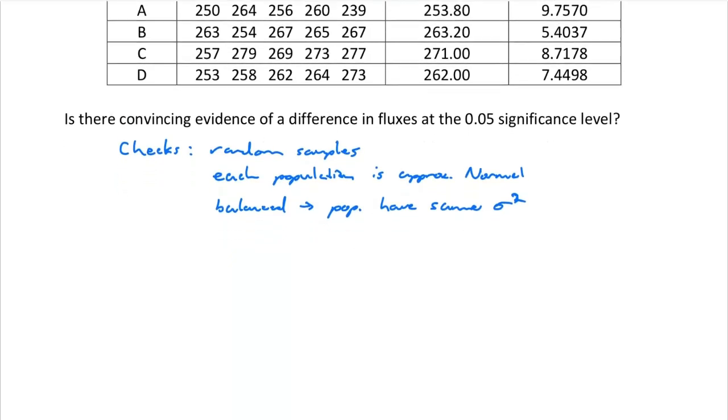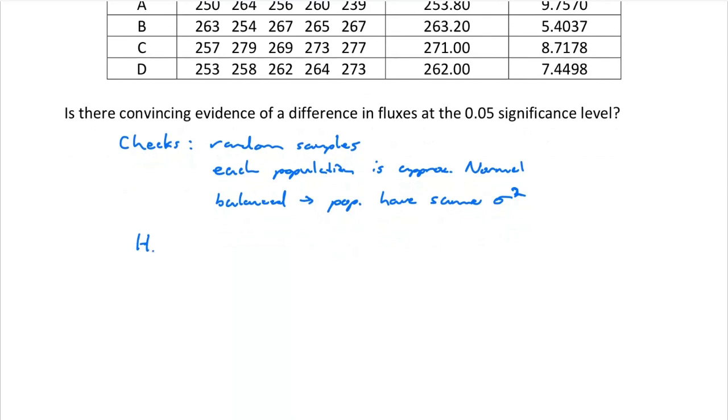Okay. All right, so our hypotheses. For our null, we always assume that there's not a difference. So in this case, there is no difference between the fluxes. We're looking at how hard that weld is when it's done, so there wouldn't be a difference in hardness between those welds.